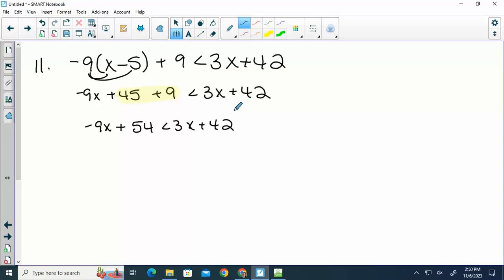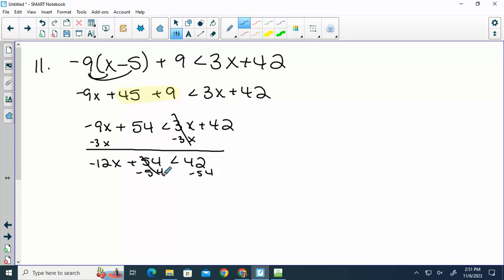Now what do we do? Then what? Negative 12x is less than negative 12.